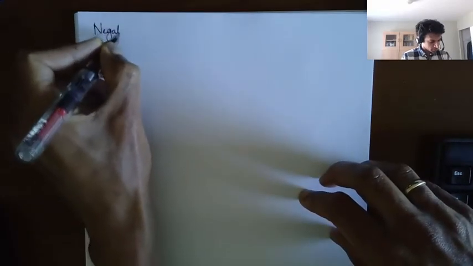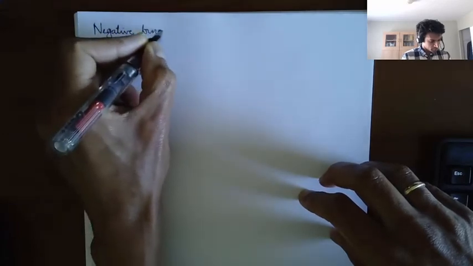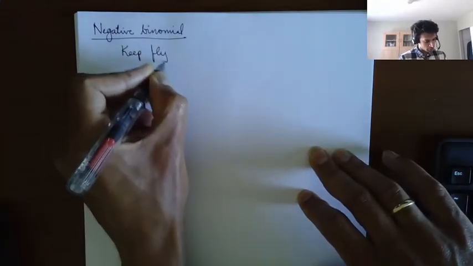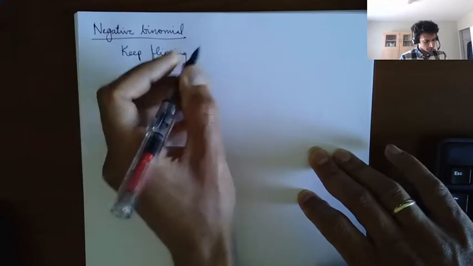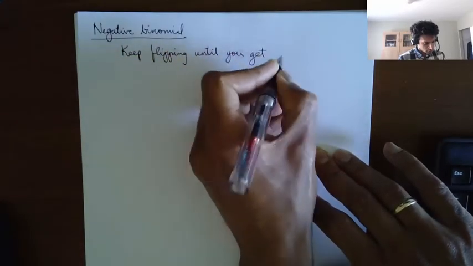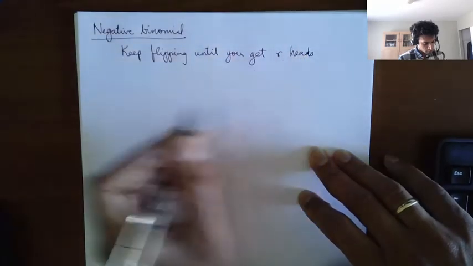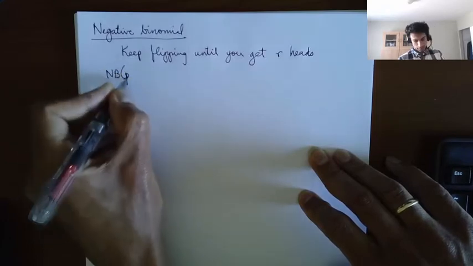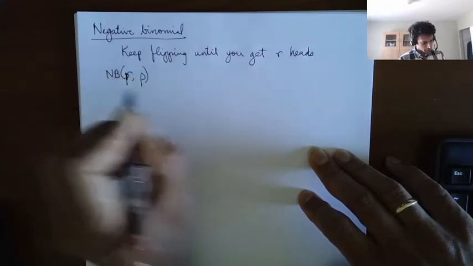Another random variable of interest is the negative binomial. It's a generalization, or a sum. It's keep flipping until you get r heads, and this is the negative binomial where the parameters are r, the number of heads, and p.